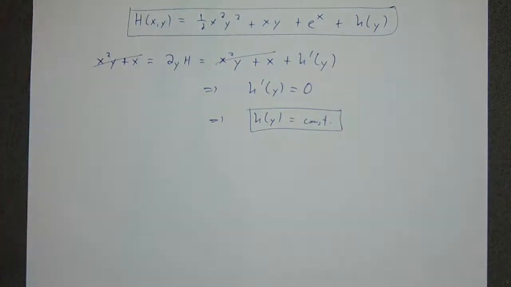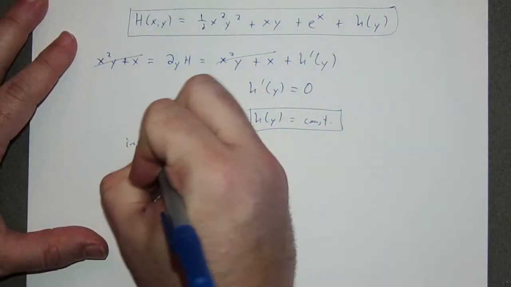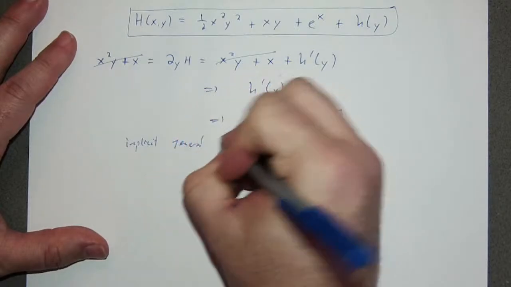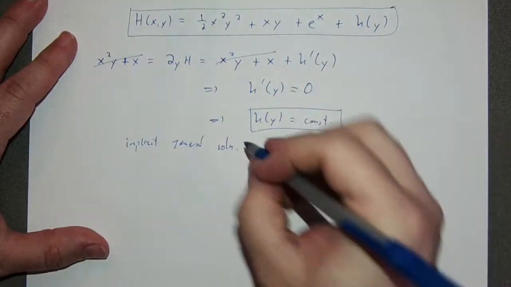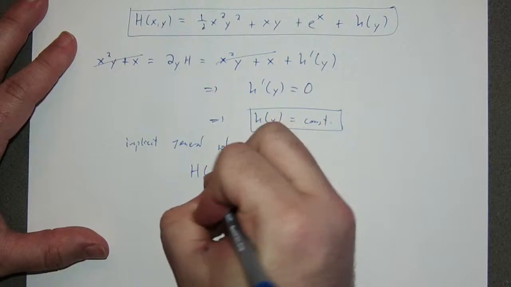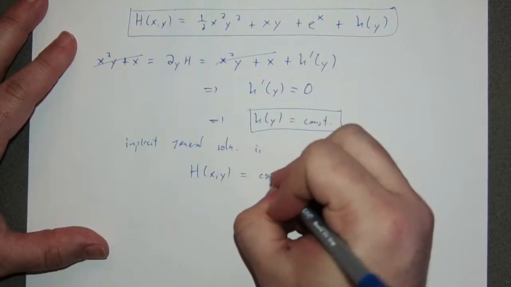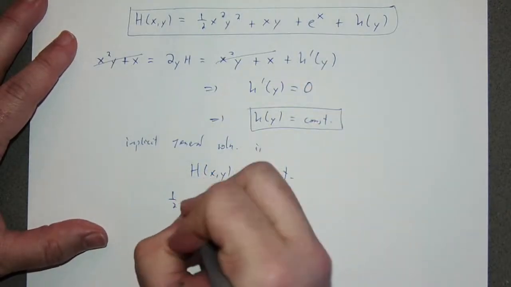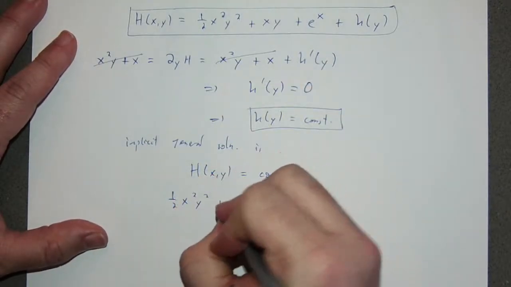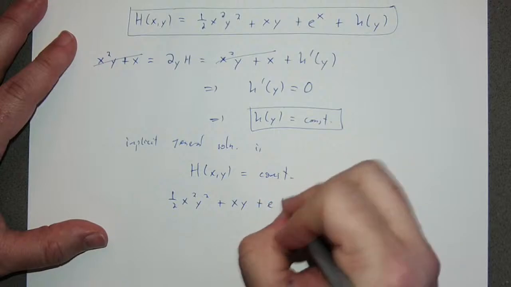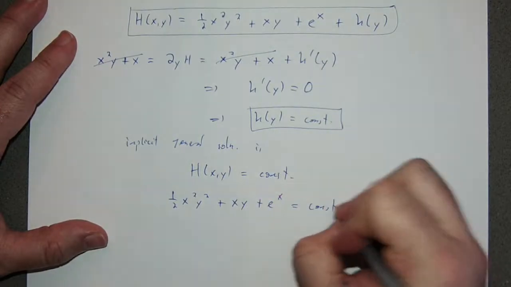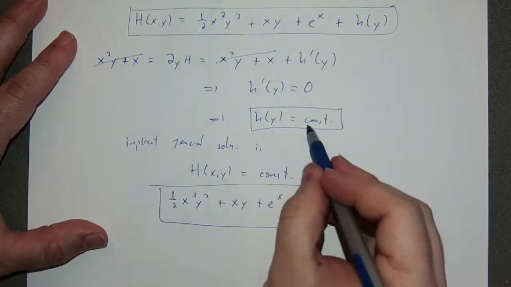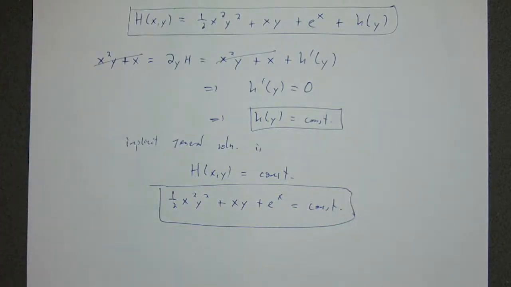And so my implicit general solution is h of xy is equal to constant, or written in another way, 1/2 x squared y squared plus xy plus e to the x is equal to constant. I absorbed this constant into the right-hand side constant.